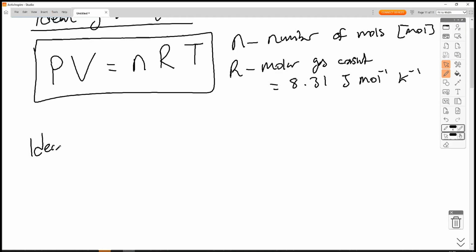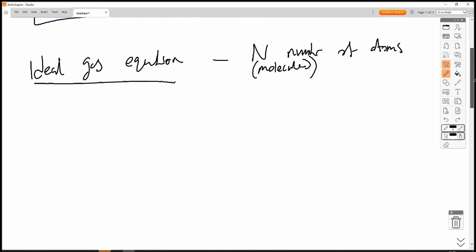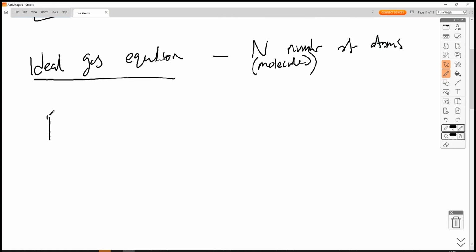Then we'll do another ideal gas equation, but this time it's for a number N of atoms or molecules, if you're working in polyatomic situations. And here that same constant gives PV equals NkT.